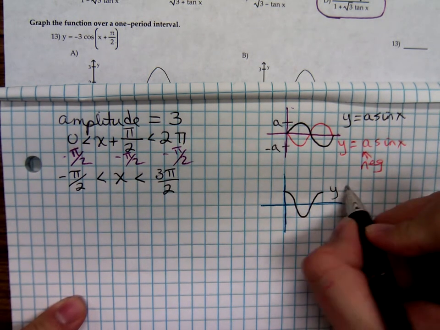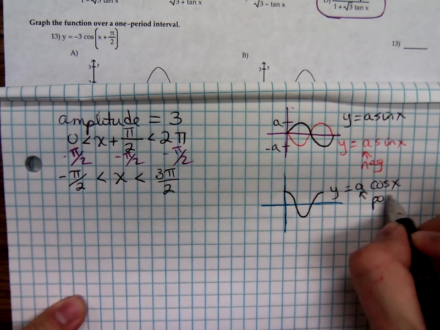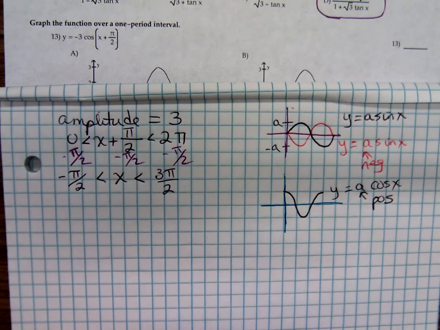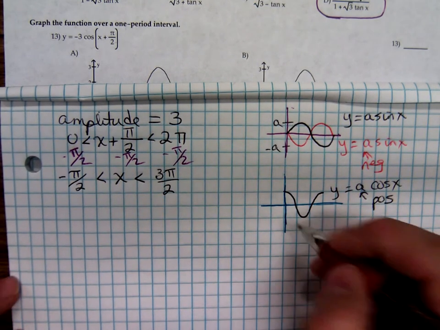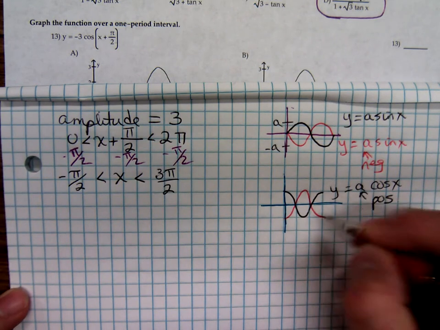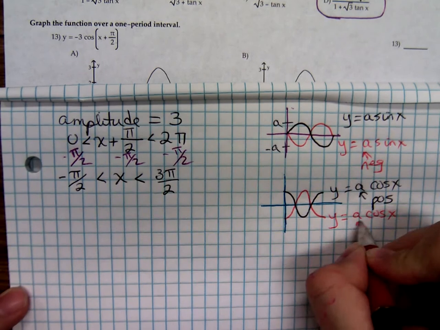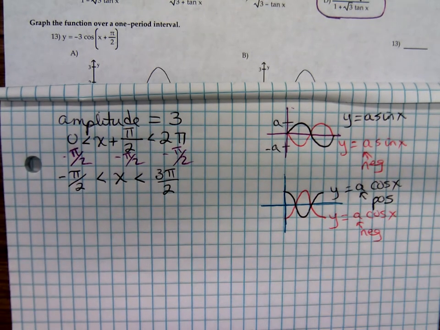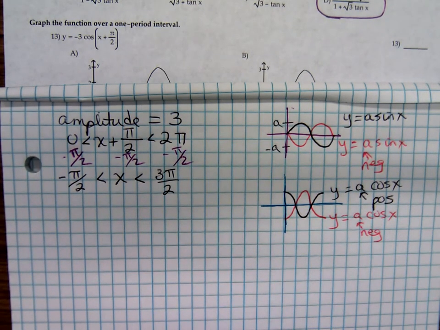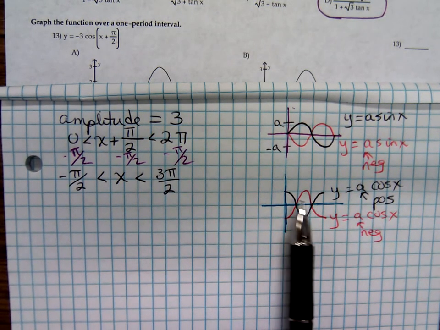So this is y equals a cosine x, where a is positive. If a were negative, it'd do something like that. This is where a is negative. So let's see, what are we going to have? It's going to look like one of these graphs, the black or the green, or the black or the red.